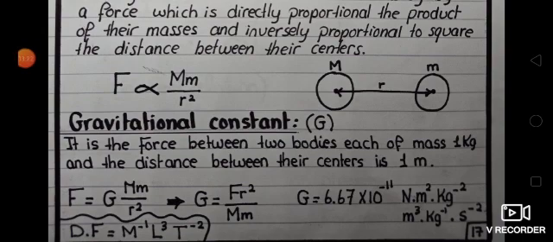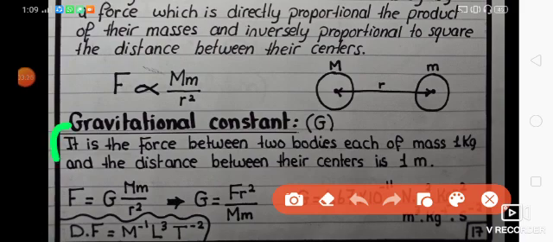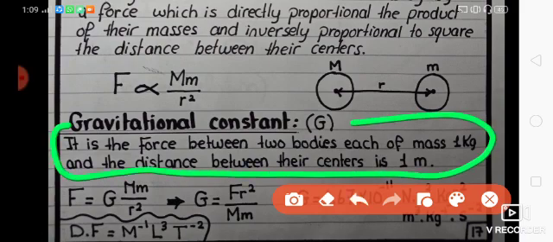Now we can define the gravitational constant. It is the force between two bodies each of mass 1 kilogram and the distance between their centers is 1 meter. What does this mean?